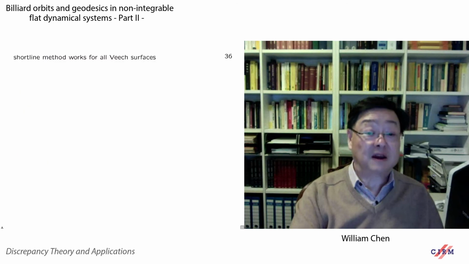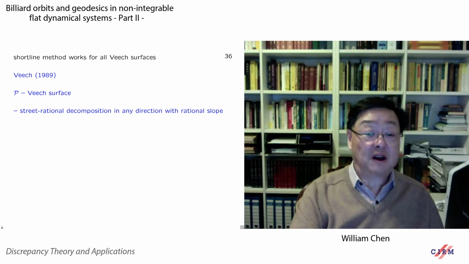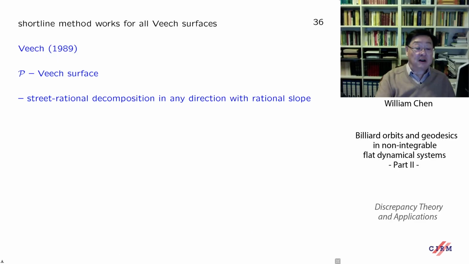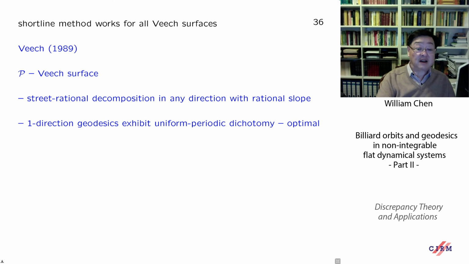Next, we claim that our short line method works for all Veech surfaces. What is a Veech surface? Well, Veech discussed a class of surfaces that have the following properties. First of all, there's street rational decomposition in any direction with rational slope. Secondly, the one direction geodesics are either uniformly distributed or periodic.